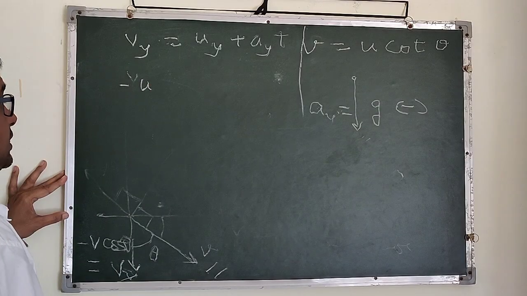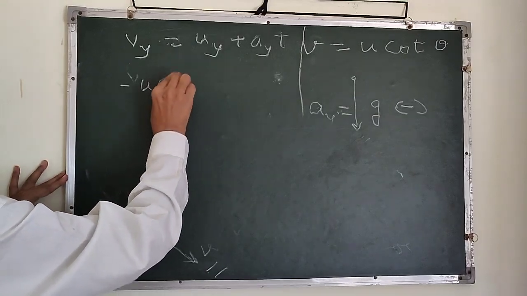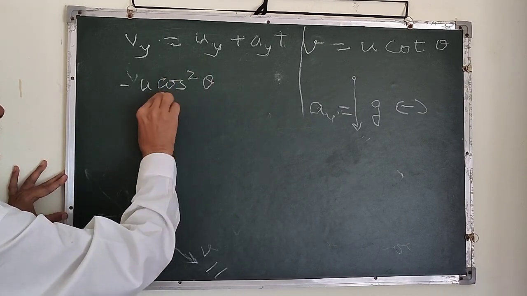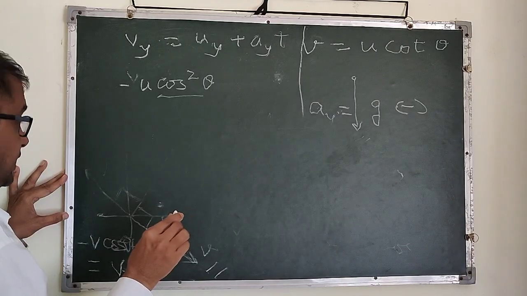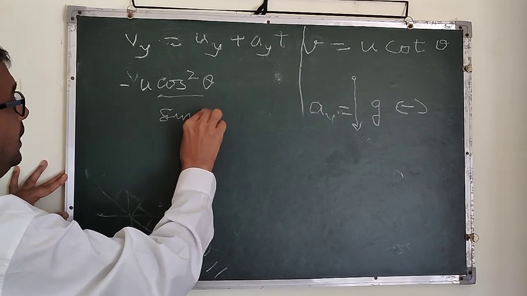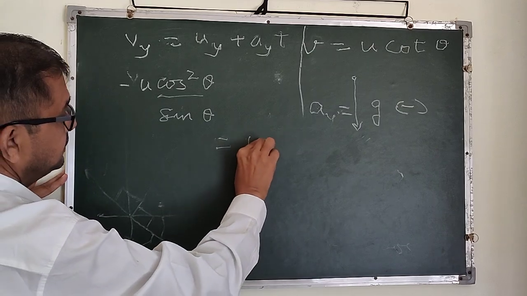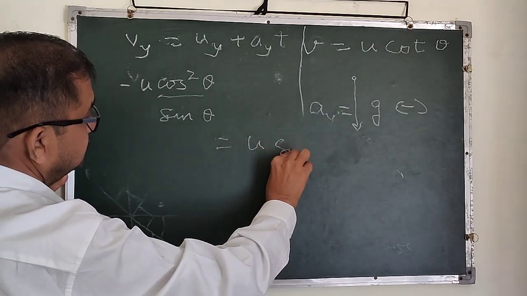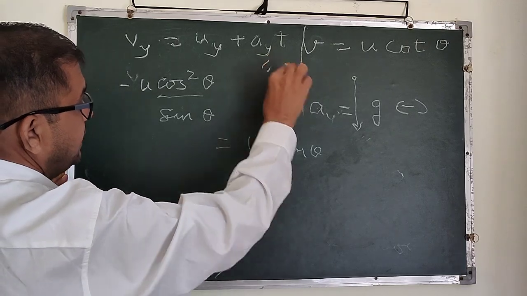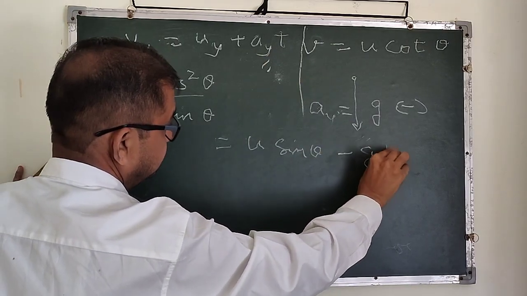Cot theta means cos theta upon sin theta. So putting the value of v, we get minus u cos square theta upon sin theta. And what is uy? That is u sin theta. And what is ay? That is minus g, into t.